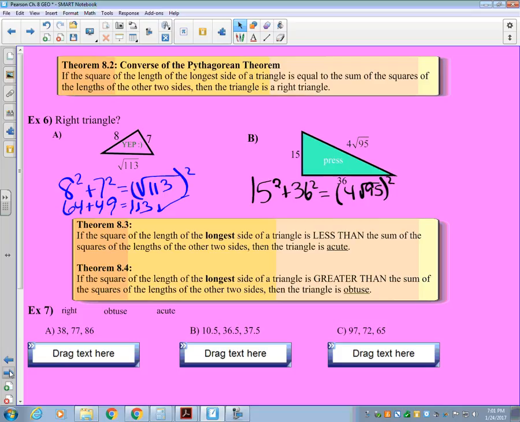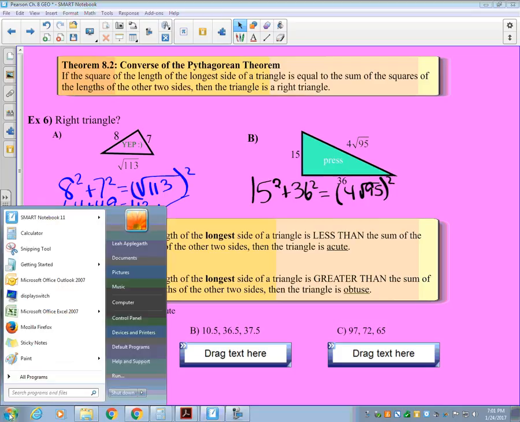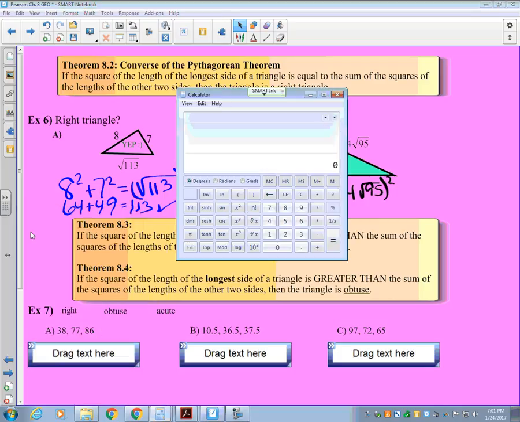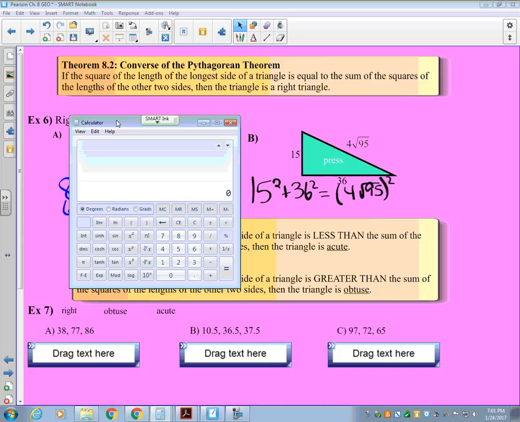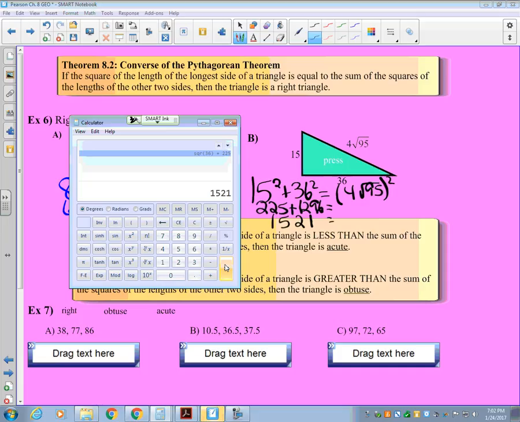Let's get out our calculator. 15 squared, I know that one by heart, that's 225. 36 squared is 1,296. And when I add that to 225, I get 1,521.